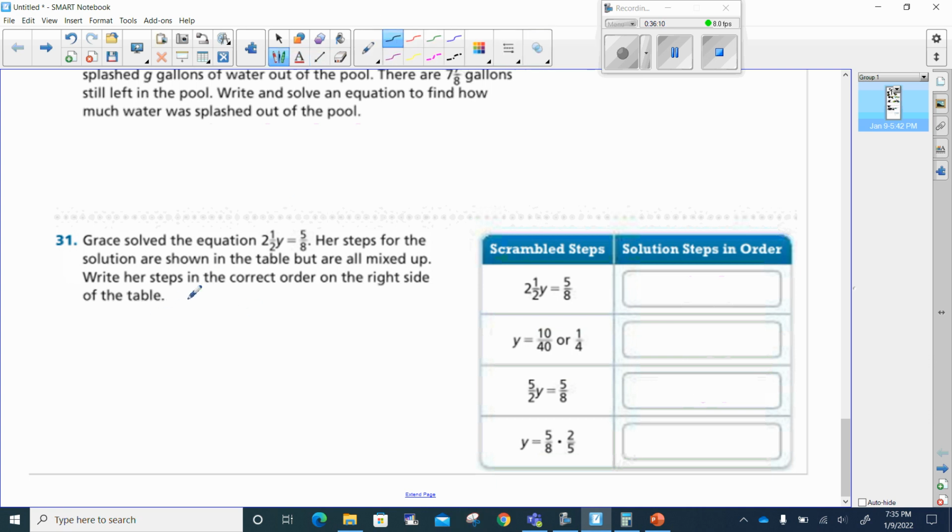I know that I have 2 and 1/2 y equals 5 over 8. That tells me that the first one is going to be the right one. So I'm going to go with 2 and 1/2 y equals 5 over 8.